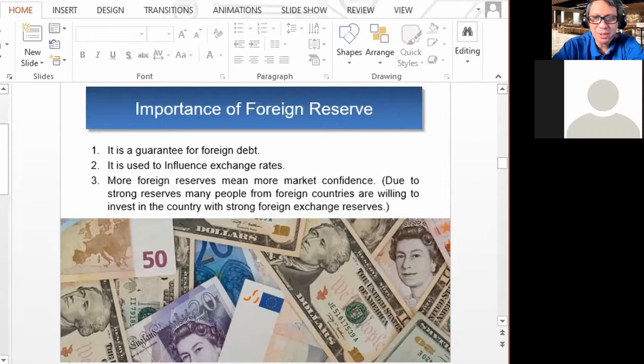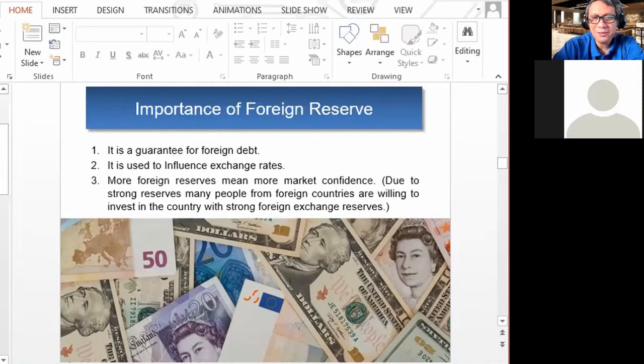Well, to keep it simple, because it's easier for them to exchange local currency with foreign exchange, no? So they can easily, let's say you're an American investor here in the Philippines, you can easily exchange the Philippine peso that you earn through revenues and exchange it with dollars. Di ba?